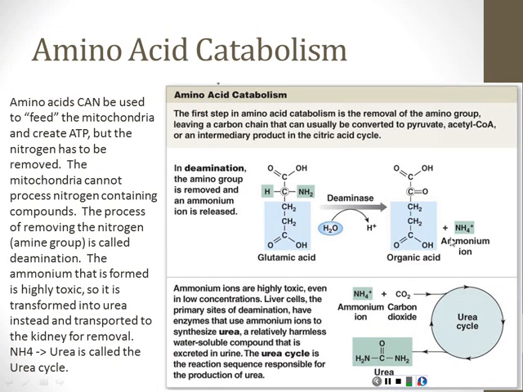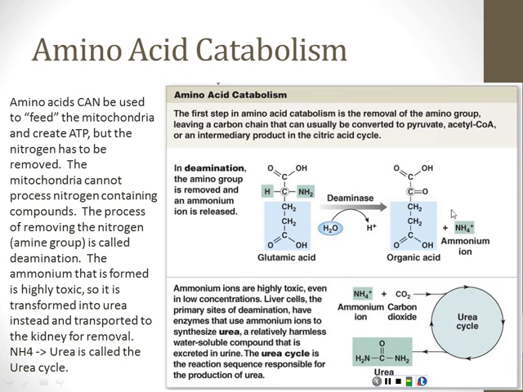And this is a problem because ammonium, as you might imagine, is very, very toxic. You'd never drink that stuff you use to clean the bathroom, right? And for good reason. So if ammonium is being produced, the body's going to have to do something with it very quickly. Otherwise, it's going to build up and that cell is going to die.